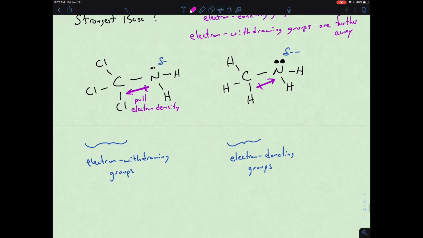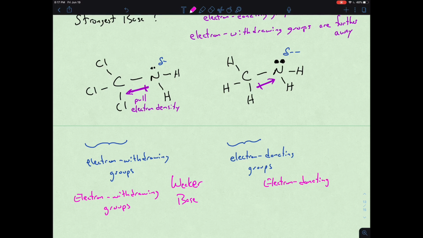And so our electron withdrawing groups make for a weaker base, while our electron donating groups make for a stronger base.